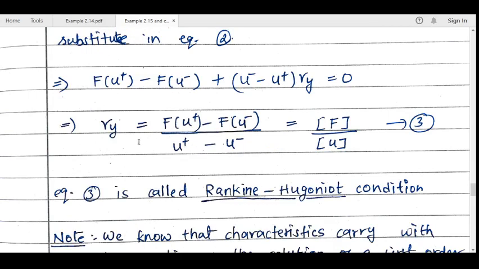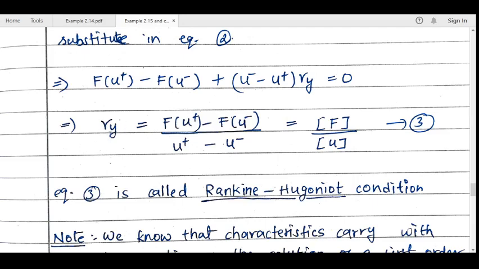So we will get gamma y equal to, gamma y is nothing, this is gamma. Actually, this is the derivative, dou gamma by dou y.